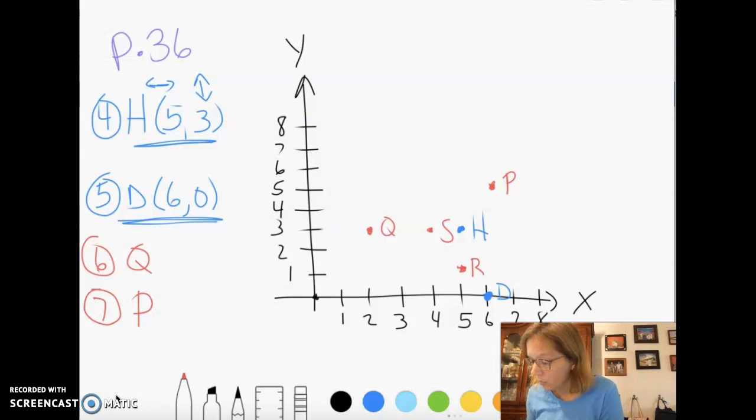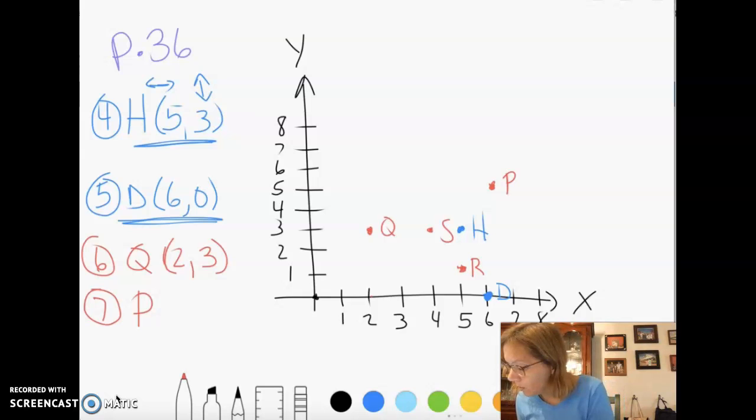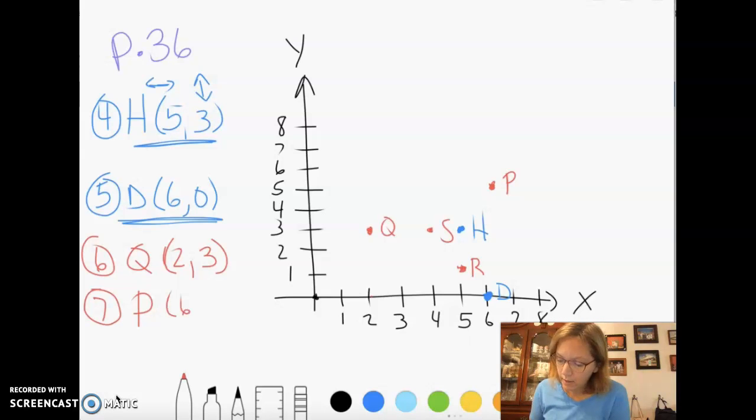It looks like it's over 2 and up 3. So it's over 2 and up 3. And now I'm going to do the same for P. So how many does P go over? It looks like P goes over 6 and up 5. I know my graph isn't exactly accurate, but 6, 5 is where P is at.